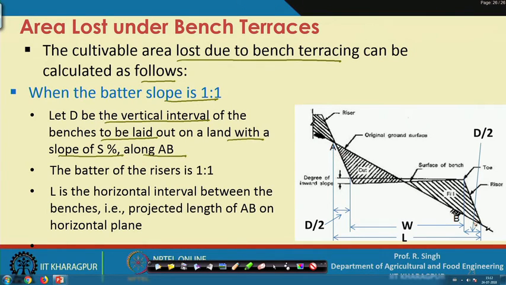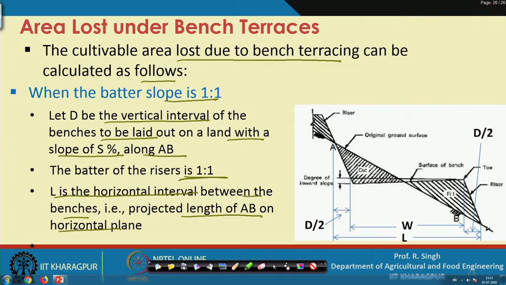So, AB is the land where vertical interval is D, and we have to lay out bench terraces, and batter slope of riser is 1:1. So, L is the horizontal interval between the benches, that is projected length of AB on horizontal plane. So, this is what L is, and this is what D is all about.